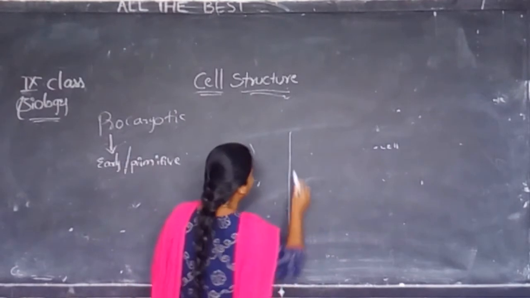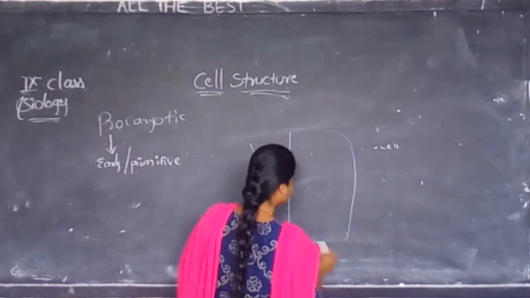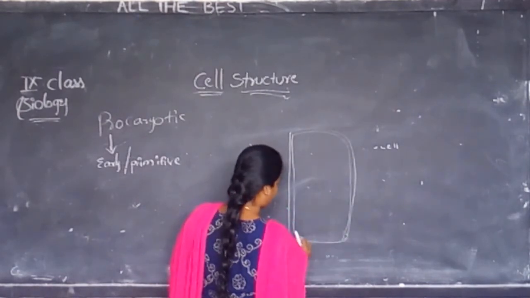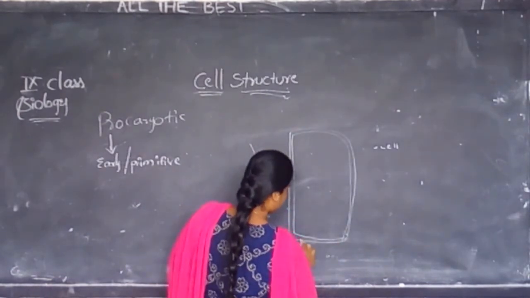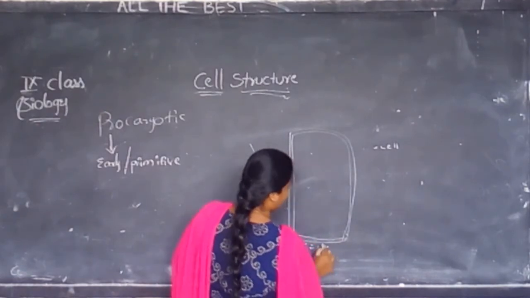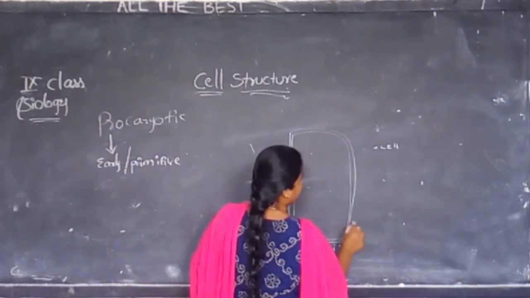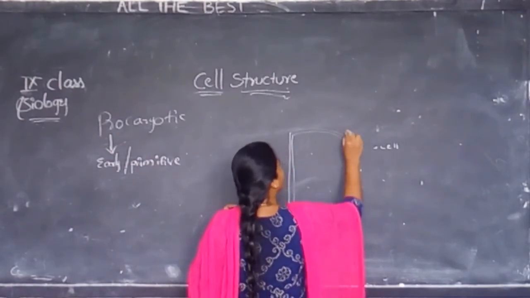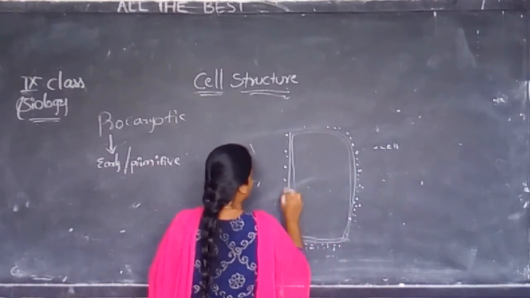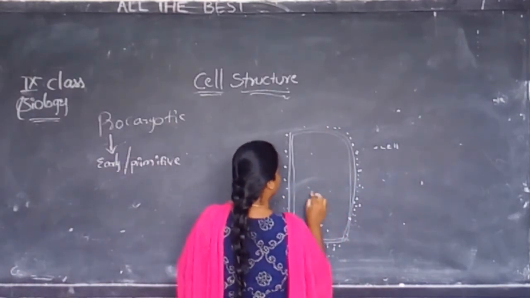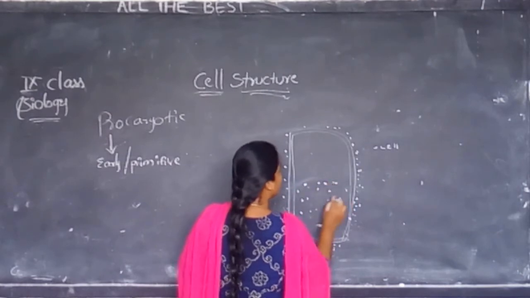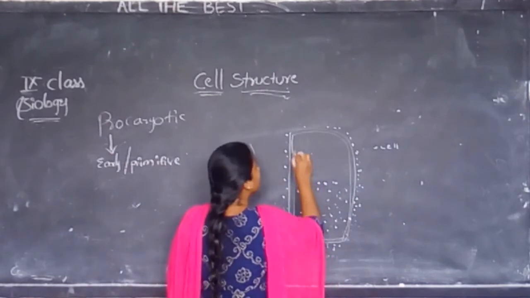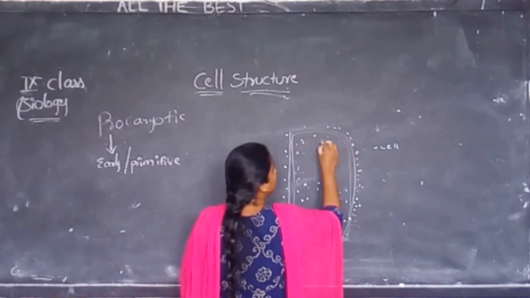This is the diagram. This is a prokaryotic cell. The genetic material of these cells is not enclosed by a membrane.